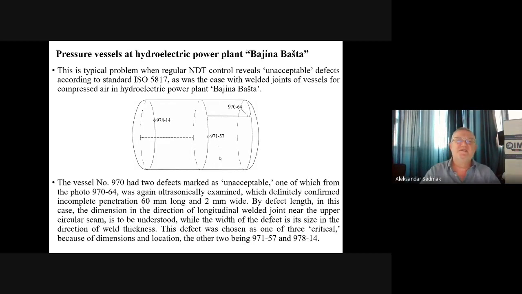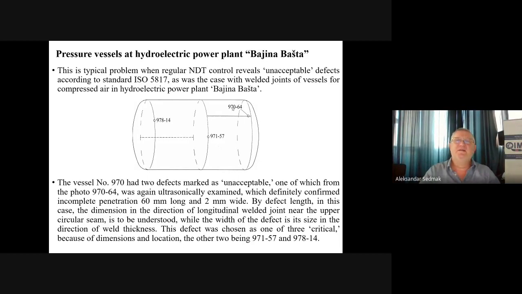So just as if they were in one vessel, and they are all in welded joints. This one is along a longitudinal welded joint, and these 2 are along circumferential welded joints.